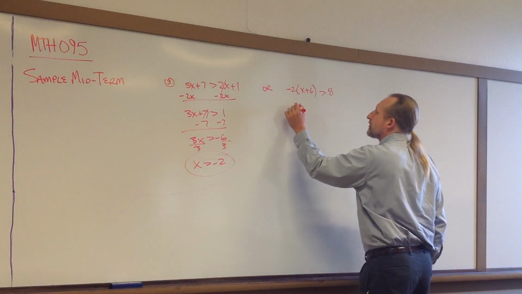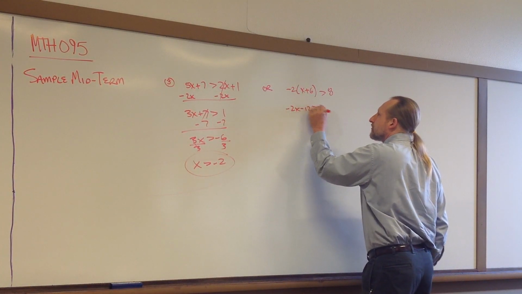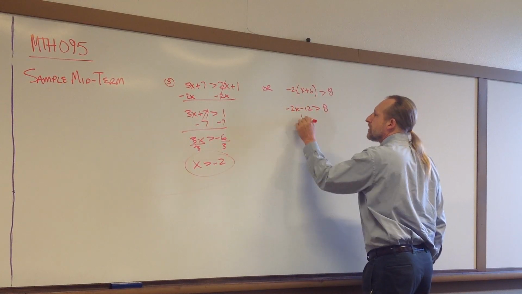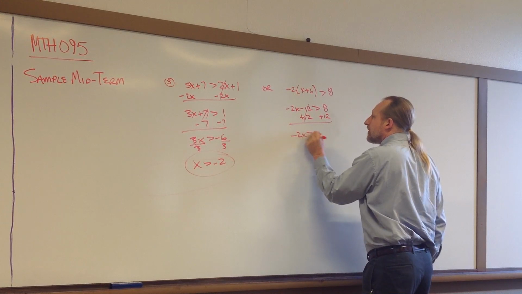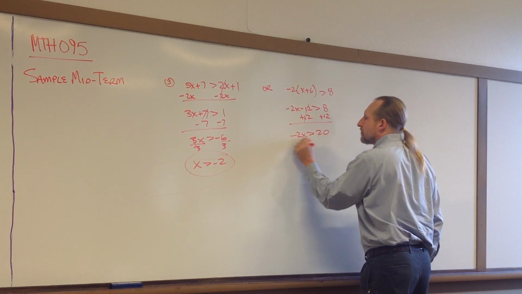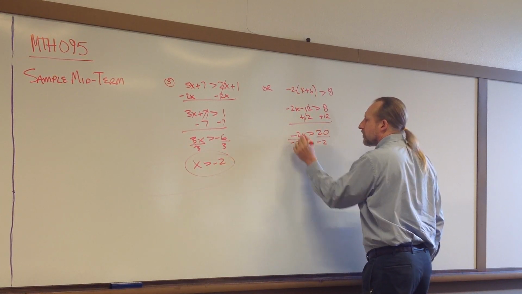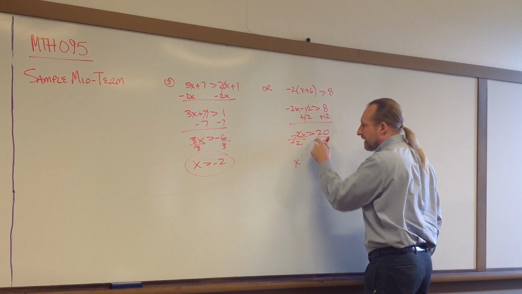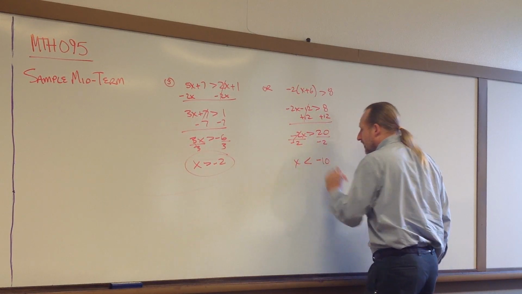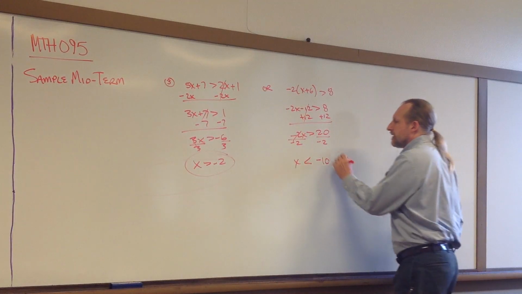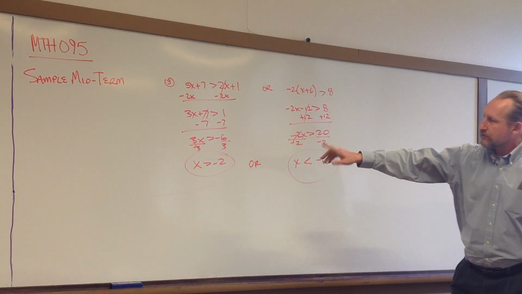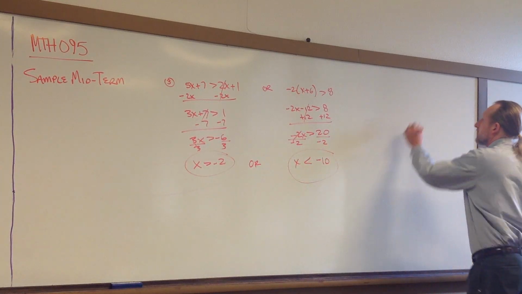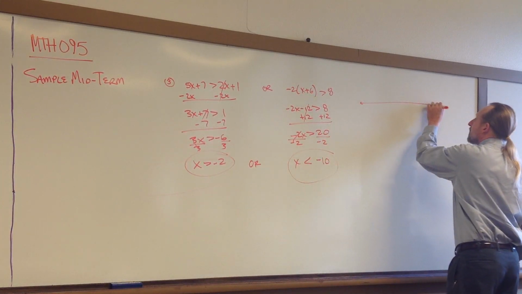All right, let's solve this one. Negative 2x minus 12 greater than 8. Add the 12. Negative 2x greater than 20. Divide on both sides by negative 2. That's going to flip this around, and you'll get x less than negative 10. So there's our answer. X greater than negative 2 or x less than negative 10.